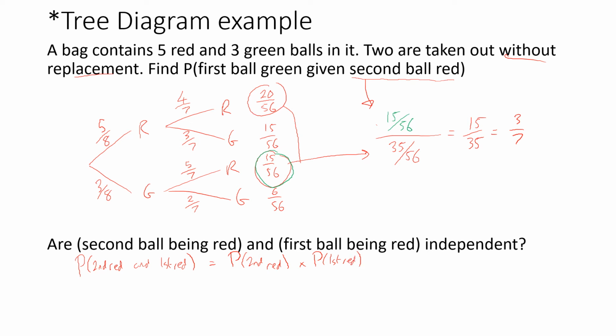And we've worked out lots of this already. So the probability that the second is red and the first is red, that's just this one here, that's just 20 out of 56. The probability that the second is red, we worked that out here, that's our 35 out of 56. And the probability that the first one is red, that's just 5/8.